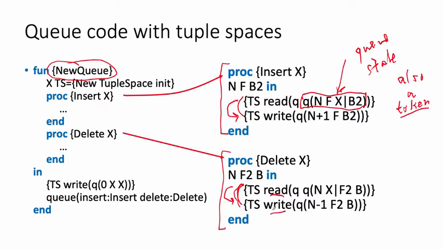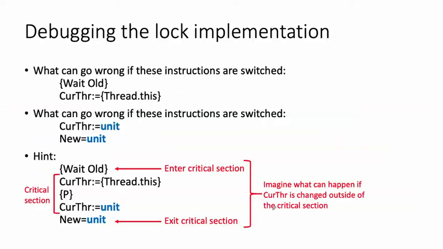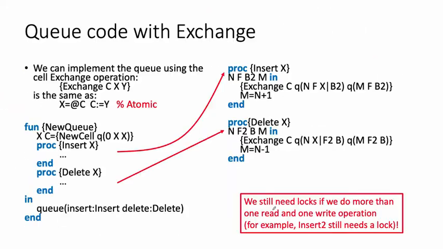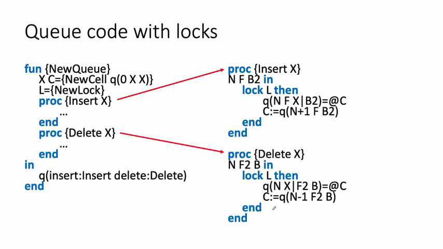So you see the delete is also removing the tuple state with a read and then putting the new state in with a write. So let me go quickly back to the implementation with locks. I'm going to go back to an earlier slide. So here is the queue implementation with locks, if you remember. Here we have a lock, then we read the cell, and here we write the cell.